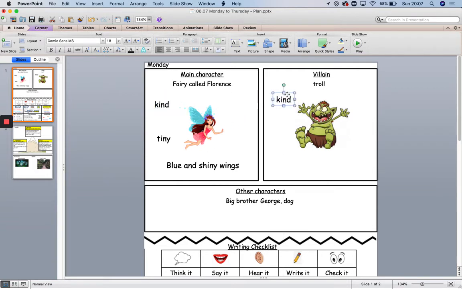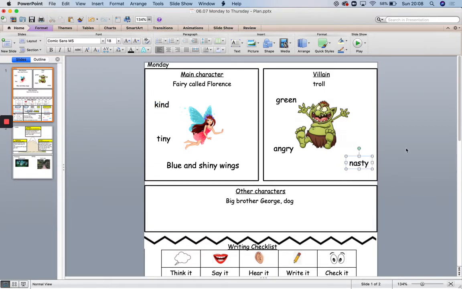There we go. And then I'm going to have my villain. So I decided my villain was going to be a troll, a green, angry, nasty troll. So I'm going to write those words down. Green. What else did I have? His temper. He's going to be very angry. And thinking back to our villains that we were comparing before, what they all had in common, they were nasty, they were mean, they were angry.